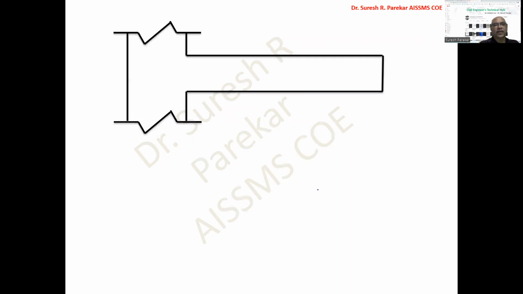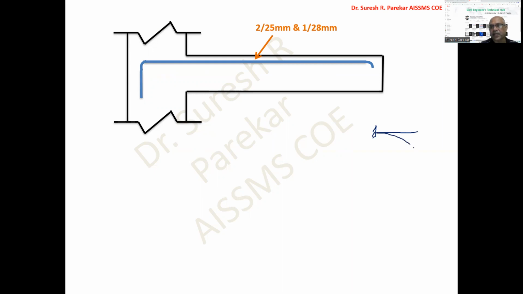So now we can have this reinforcement detail. We have at top 2 bars of 25 and 1 bar of 28, because in a cantilever beam we have tension at top and compression at bottom. So this will be AST provided. Then at bottom, that is ASC, we have 2 bars of 25 mm.